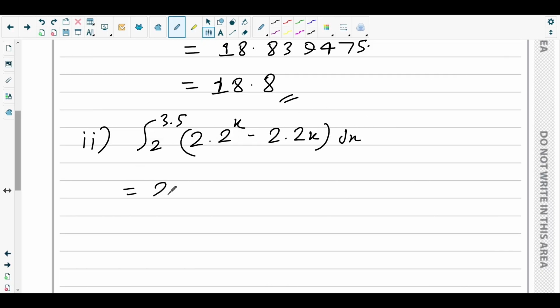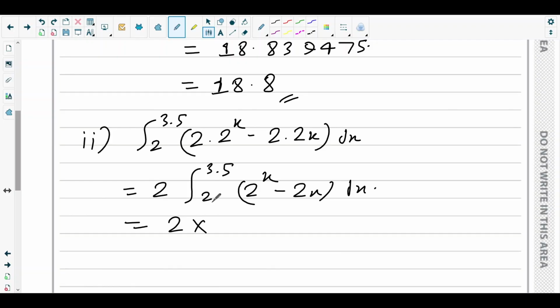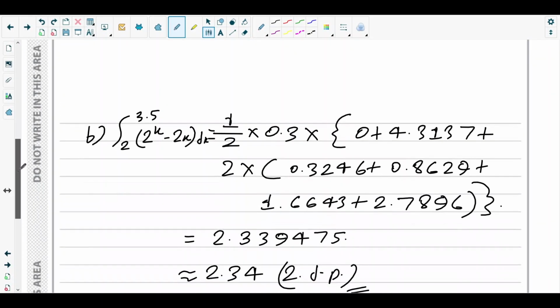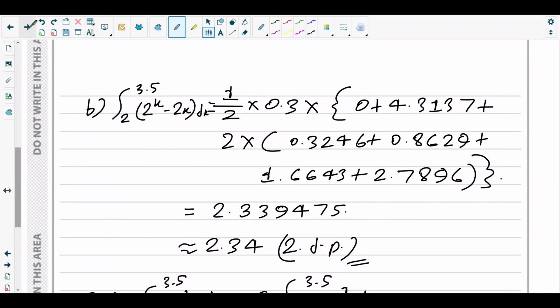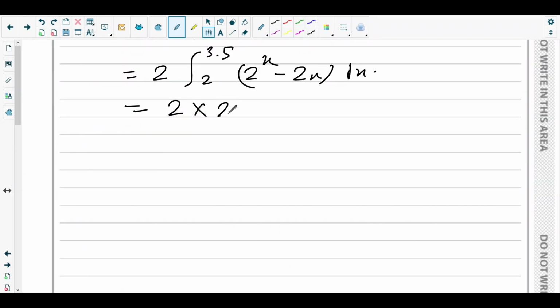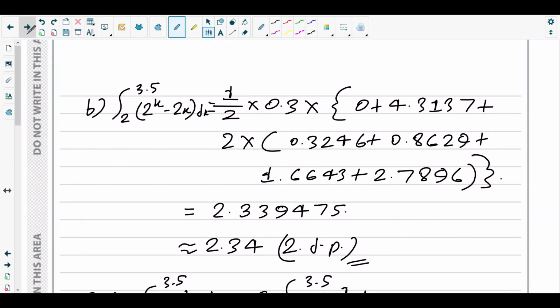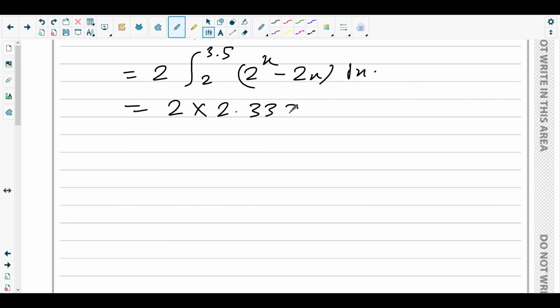From there we can take 2 common. If you take 2 common you will get 2 to the power x minus twice of x dx. And now we know the value for this definite integral, which we got in part B, 2.339475.